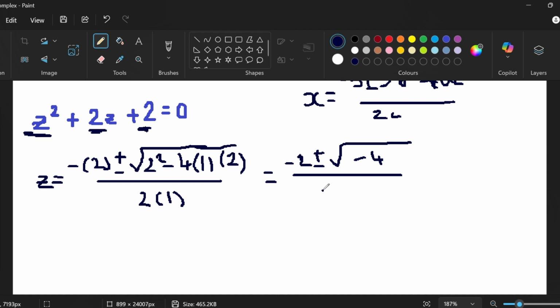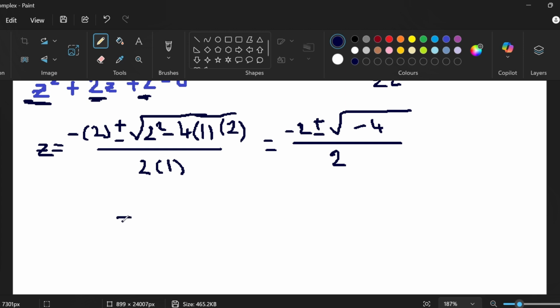all over 2. I'm going to simplify this third. So this is the same as minus 2 plus or minus the square root of 4 times minus 1. So the square root of 4 times the square root of minus 1, which we know what we're going to do here, like we did earlier.